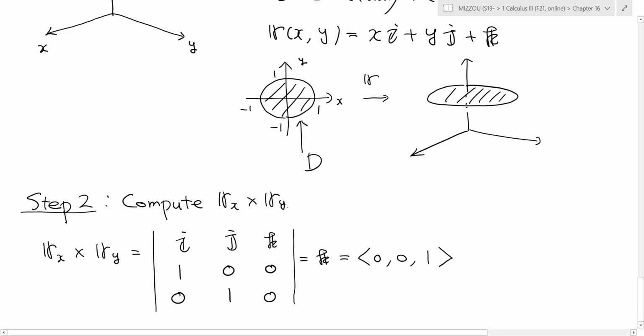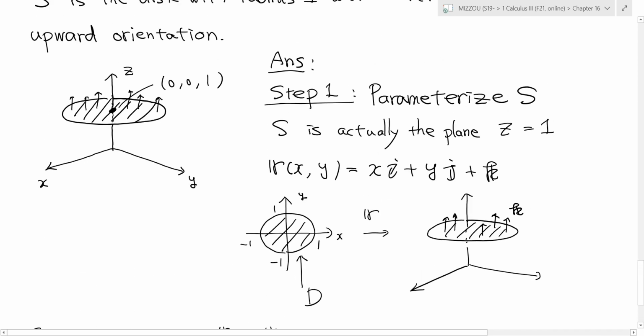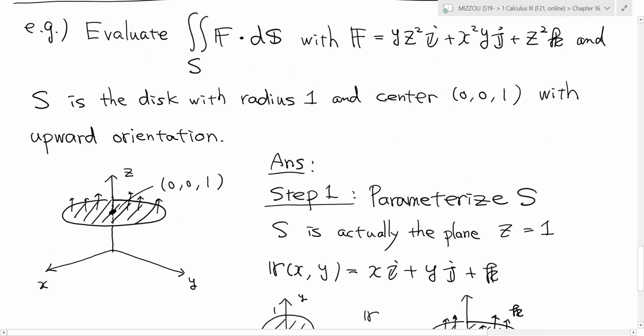So that means everywhere on this disk, the vector is pointing upward. K. All right, so that means this is the upward orientation. This implies that the orientation given by this is the upward orientation. And so therefore, that's the right orientation, namely that's the orientation given in the problem, upward orientation.